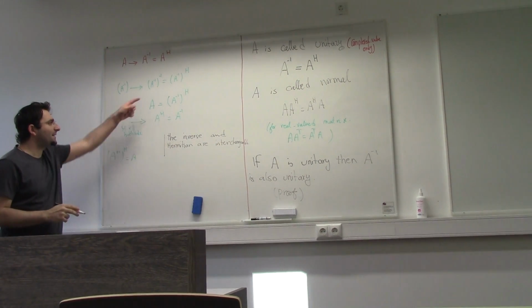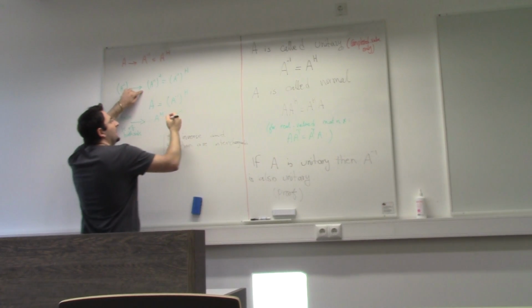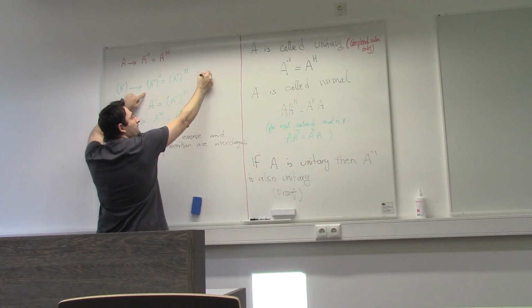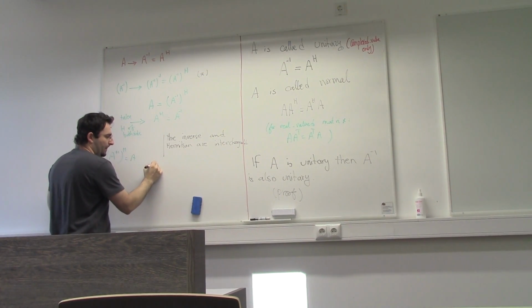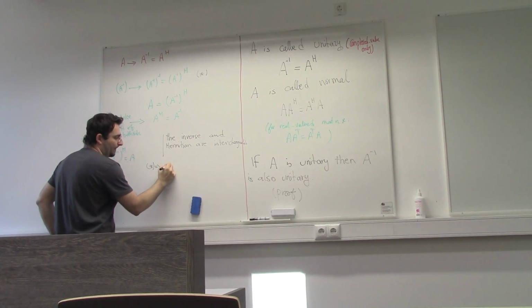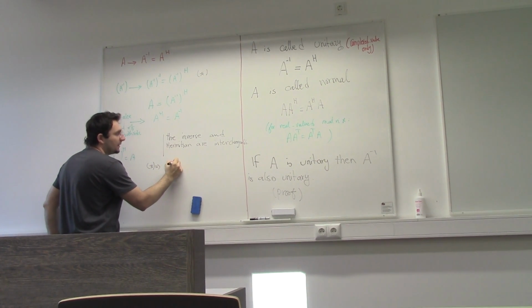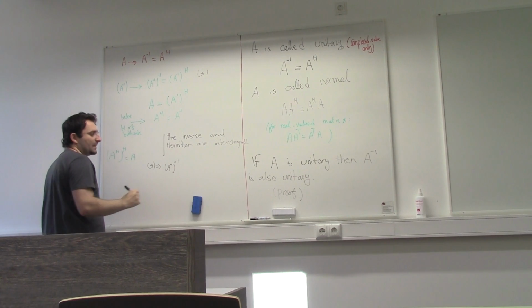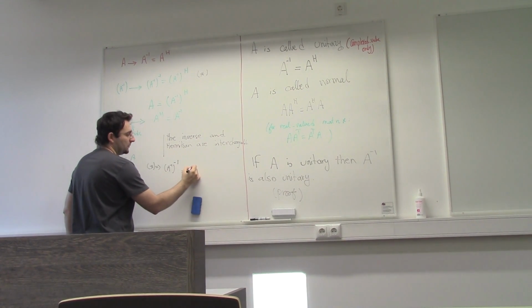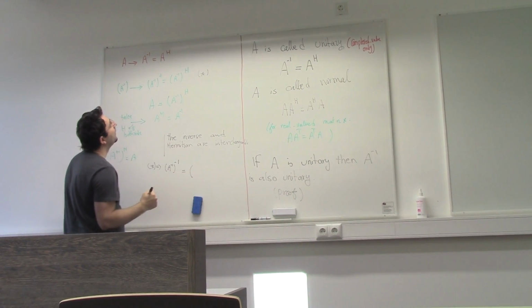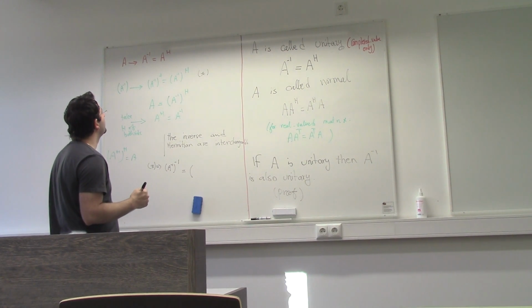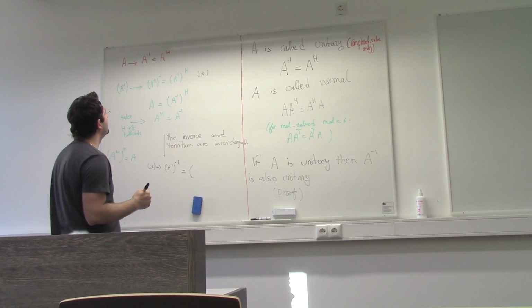So which means that in the equation star, I can write that A inverse is equal to the inverse of A Hermitian.